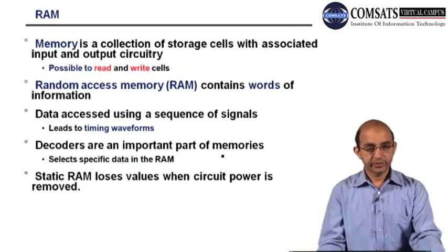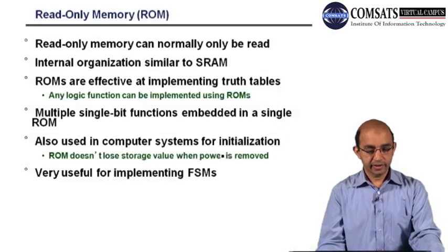Those decoders select a specific data location within the RAM, and whatever operation we have to perform, read or write, we perform that operation accordingly. So decoders are used in order to generate the address.